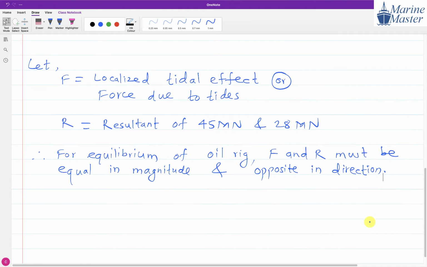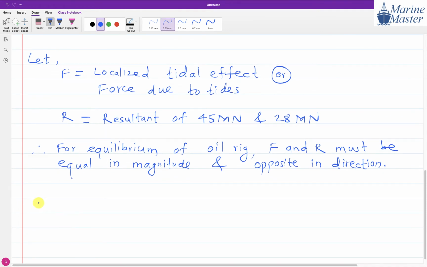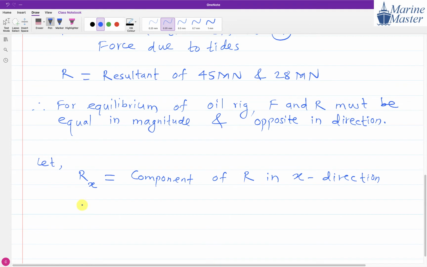Now to get R, we will assume R has two components. Rx is the component of R in the x direction, and Ry is the component of R in the y direction.